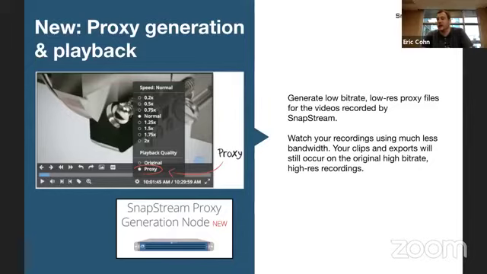This makes it really great to watch the same content over a VPN or across a network where you might have a spotty connection. And then your clips and exports are always going to be of the high res recording. So you don't have to worry that even though you're watching the proxy, you're still clipping on the original high bit rate, high res recordings.